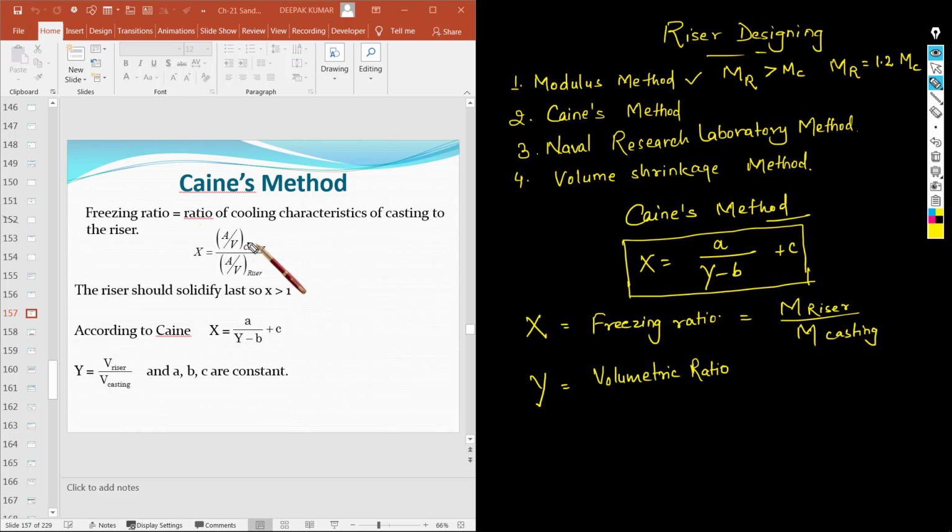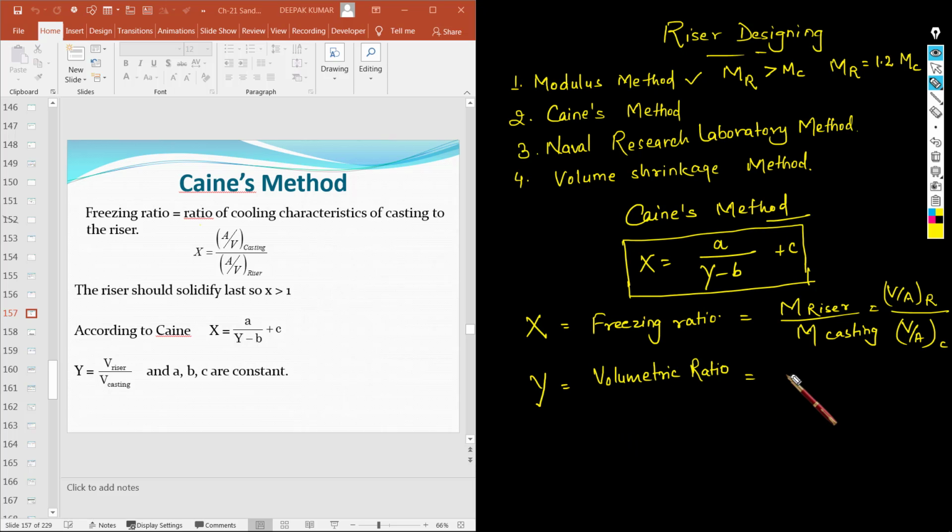But to remember, or in the examination, don't be confused, just remember modulus of riser divided by modulus of casting, because modulus of riser is inversely proportional to the cooling characteristic of the riser. Clear? So here we know V by A of riser divided by V by A of casting.